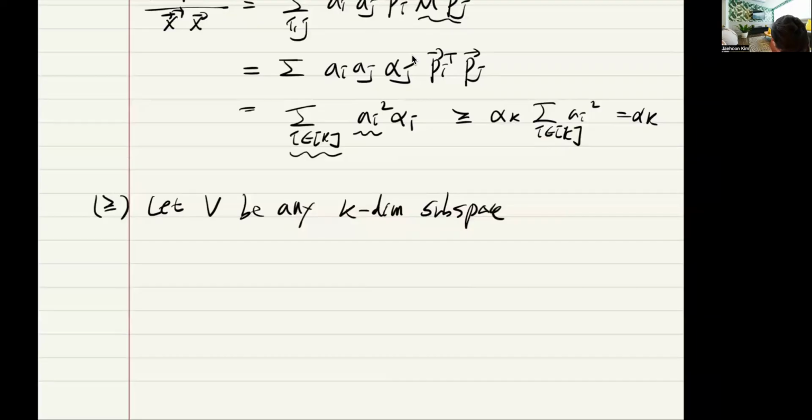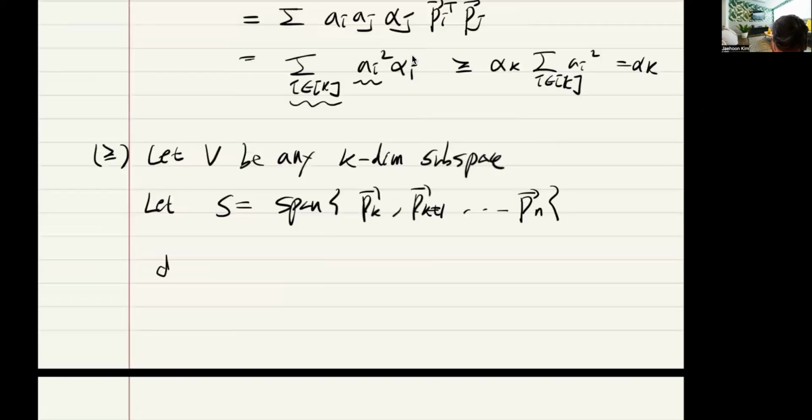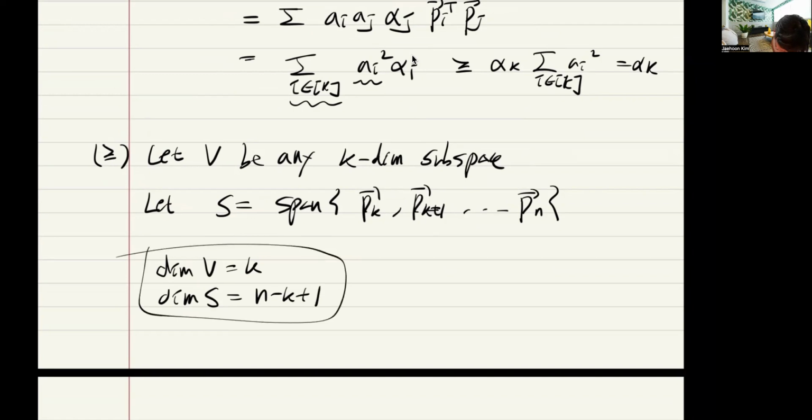So now what we do? Let S be the span of pk, pk plus 1, up to pn. And the dimension of B is k, the dimension of S is n minus k plus 1.